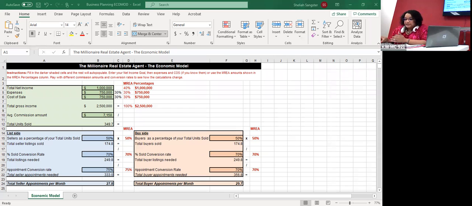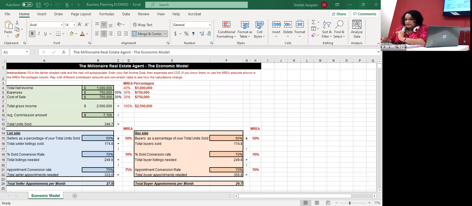Then you're going to multiply that GCI by 30% for both your operating expenses and your cost of sales. Then you're going to write in your average commission amount. Again, that's like $215 for our area if you don't have one. And then you're going to divide that total GCI by your average commission amount to calculate the number of units to be sold. And then calculate the rest of the formulas.